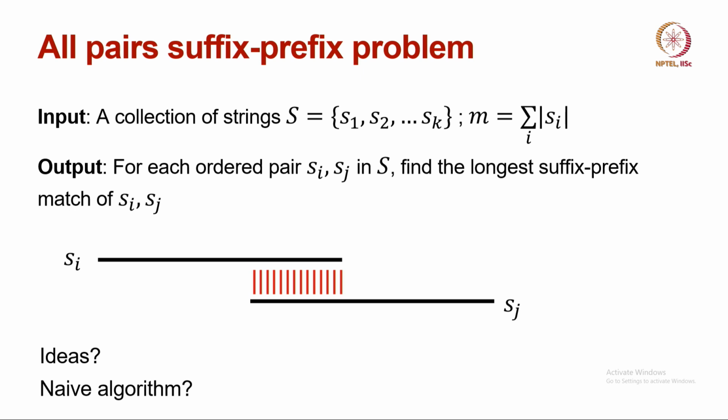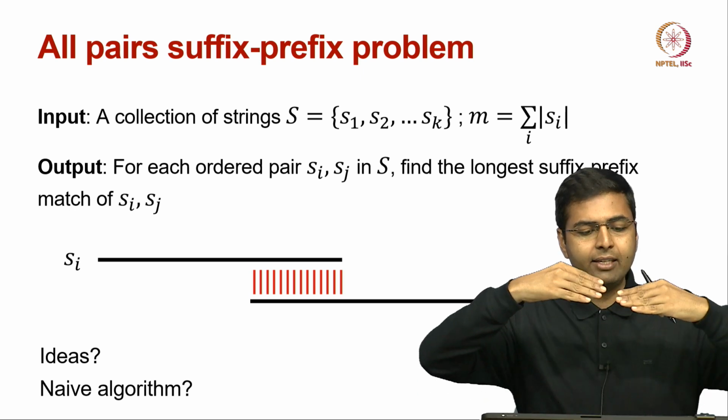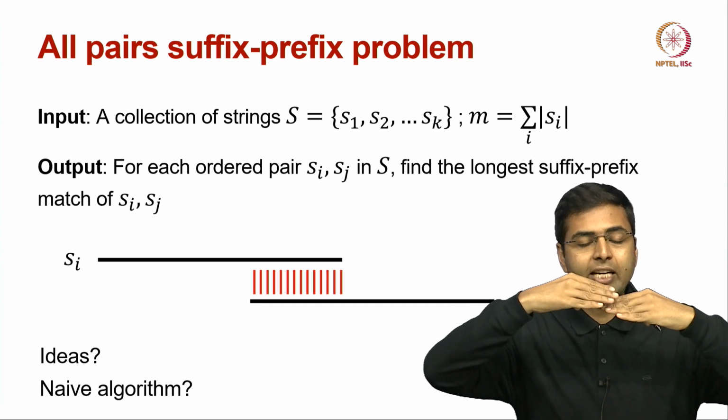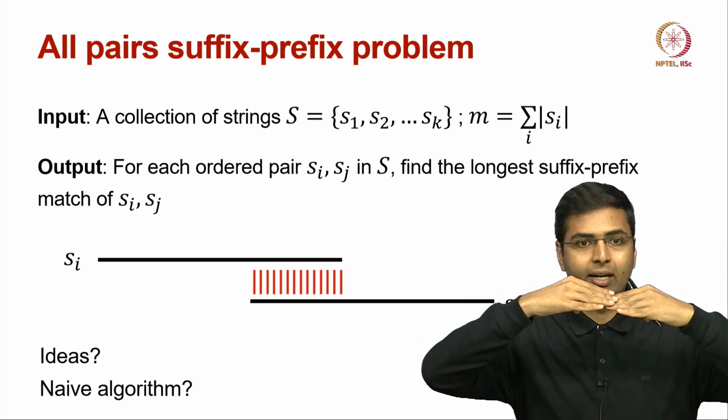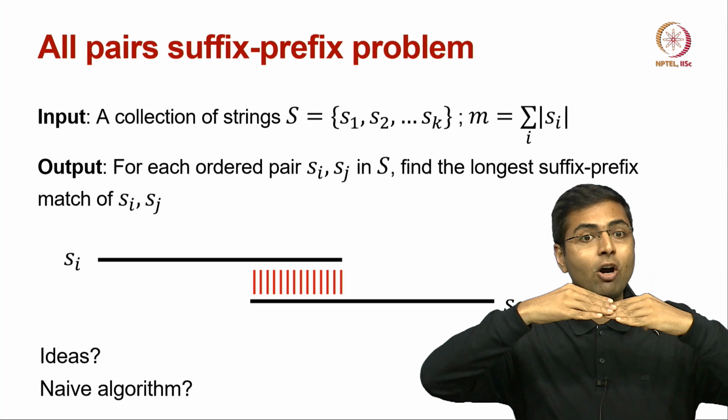So, what are the ideas? How do we solve this problem? Well, the naive way of solving this problem would be to look at these suffixes one at a time. So, for example, if I do a suffix prefix match of Si and Sj, I can try checking whether there is a suffix prefix match of length 1. If not, I will move further.